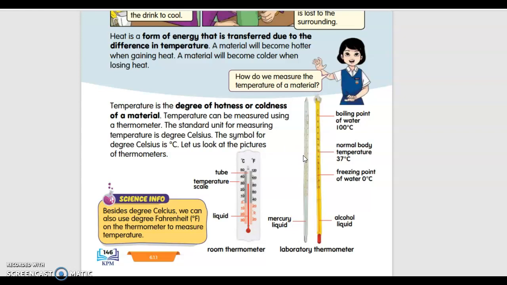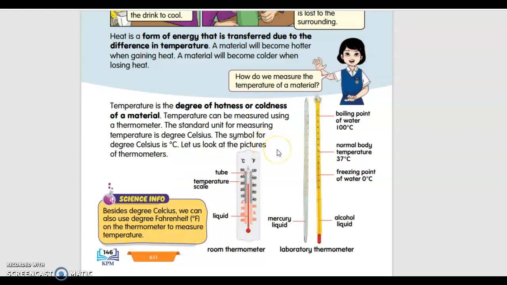Then we will know what our body temperature is. The symbol for degree Celsius, usually we write the small zero degree sign and then the capital C. In Malaysia, basically we use degree Celsius. Fahrenheit is used only in very isolated cases in Malaysia.